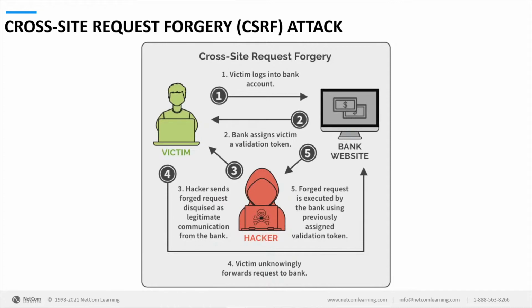The victim uses that token when they click a link. Not only does the victim go to their banking website, but it allows the hacker into the site as well. There are a lot of ways these are done, but usually it's done through an email.